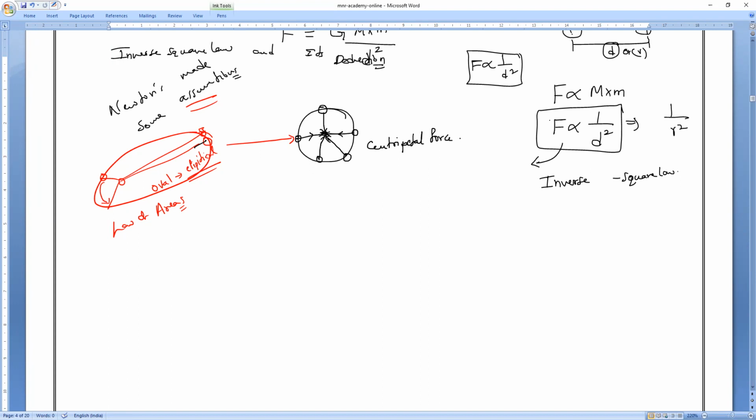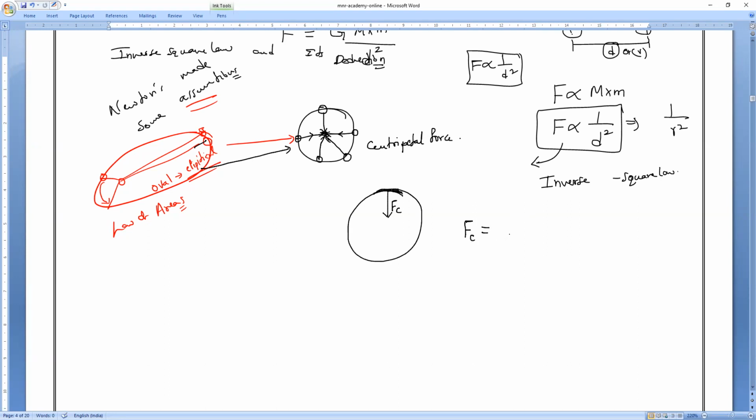Now the magnitude of the centripetal force in the orbit, because he assumed the orbit to be circular rather than elliptical. What is the centripetal force formula? I have already given it to you people. The force acting towards the center is F_C. Anybody? If you don't know, I will give it to you to learn.